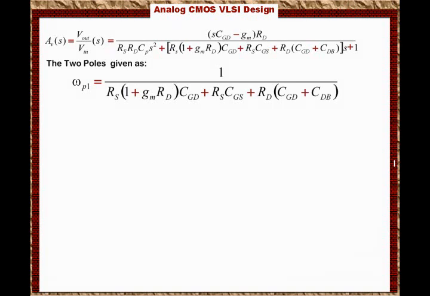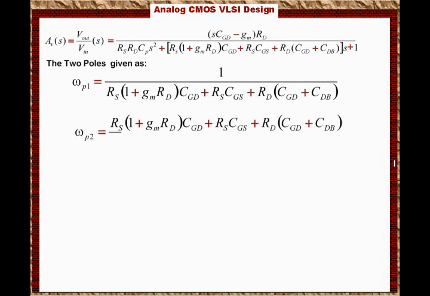And the second pole, omega P2, is another rational function: RS times (1 plus gm times RD) times CGD plus RS times CGS plus RD times (CGD plus CDB), over RS times RD times (CGS times CGD plus CGS times CDB plus CGD times CDB).